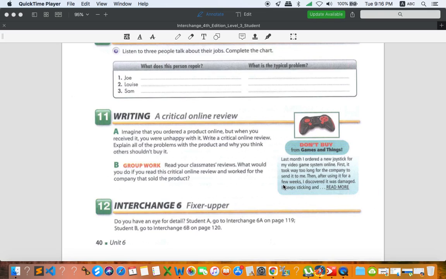But this one is a critical online review, which is about negative feedback, and mostly you need to talk about the negative points of the product or the service, the item that you purchase online. You can write about the negative side whenever you get bad products when you purchase something online. So that's it for this activity. I'm not going to ask you to write, but I just want to explain exactly what it is.